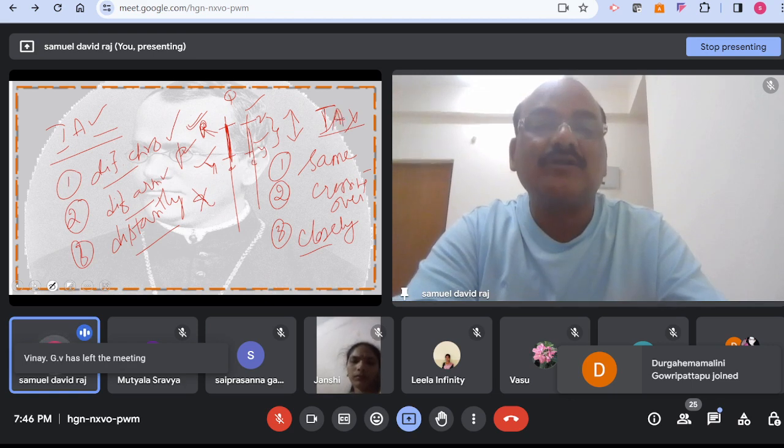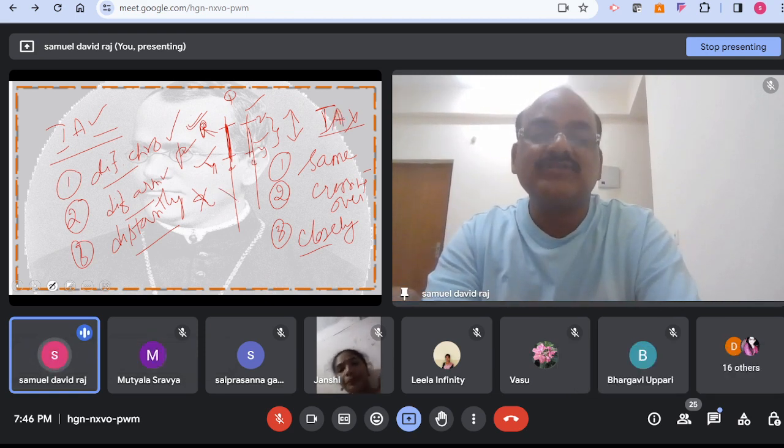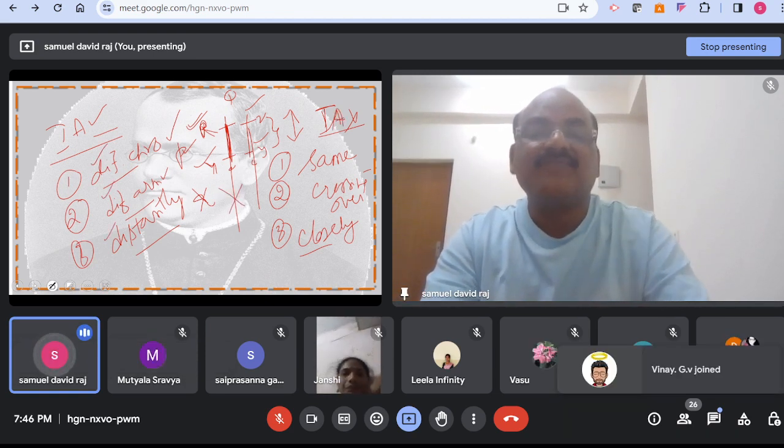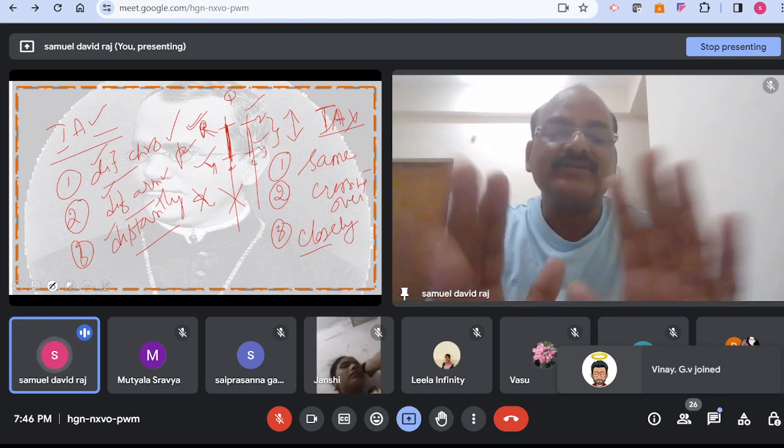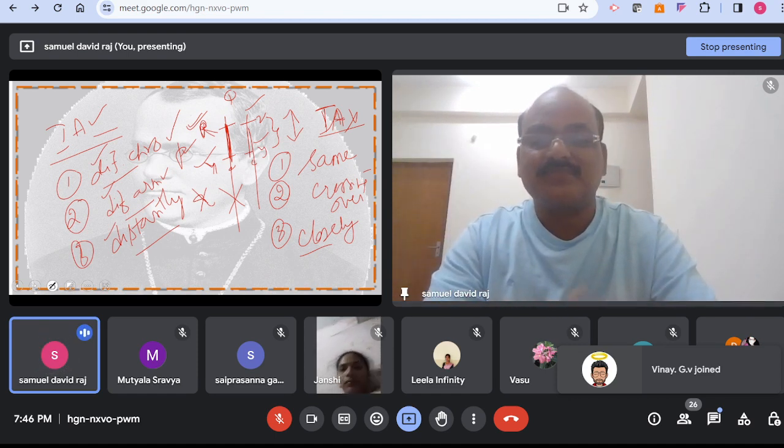So opposite to these three conditions, independent assortment is not possible at all.